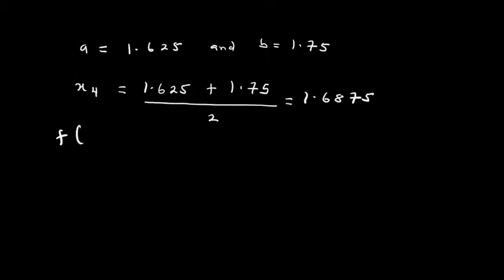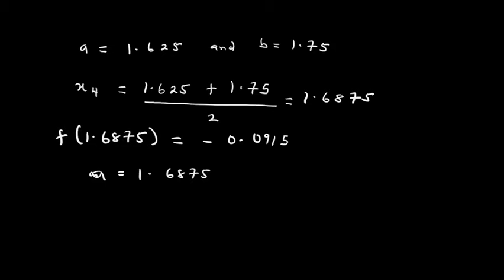So f of 1.6875 is equal to, this will give us negative 0.0915. Since it is negative, the next two guesses will be A is equal to 1.6875 and B is equal to 1.75.